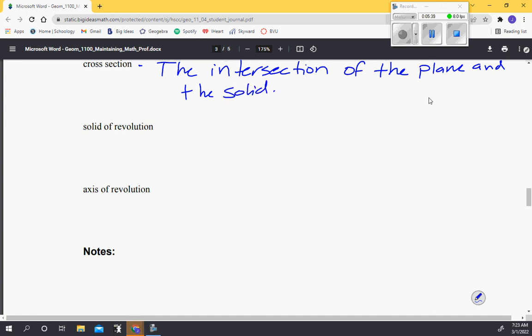I'll do my best to draw that as well. Solid of revolution, we'll talk about it later. We're not going to get too far in depth about that. Same with the axis of revolution.